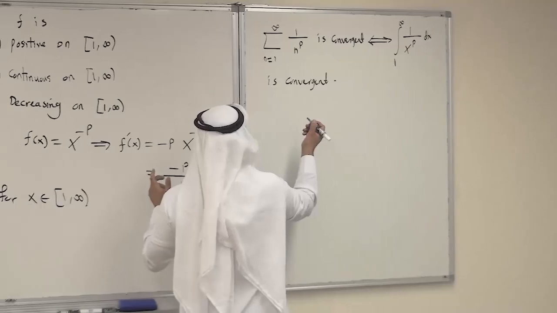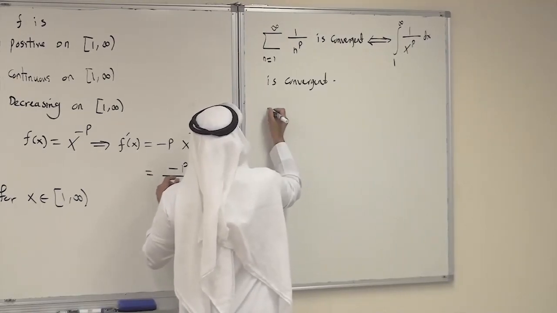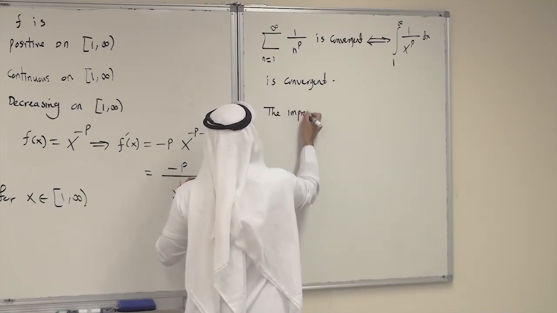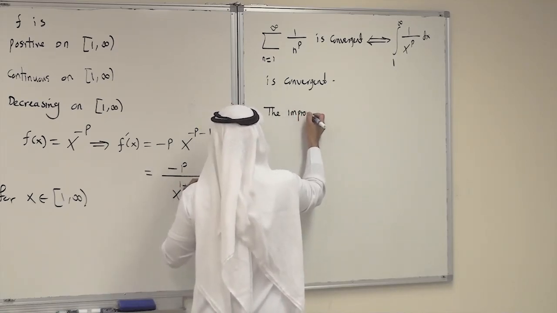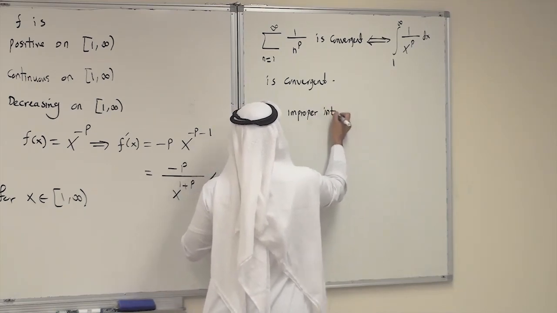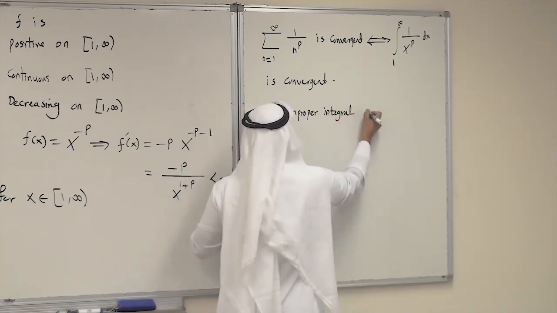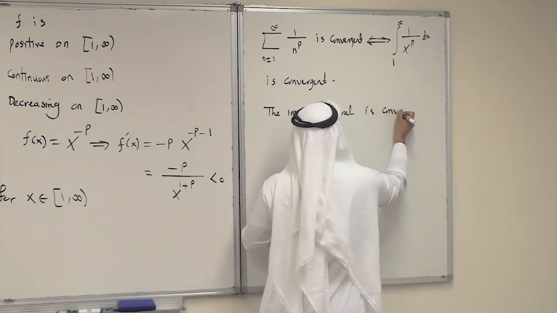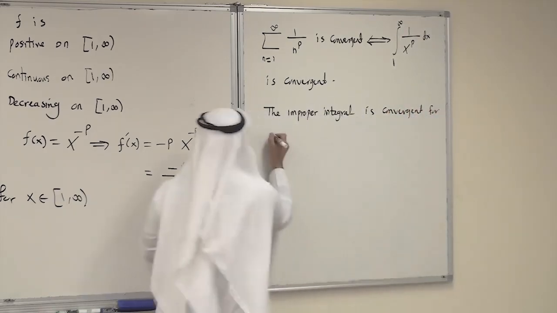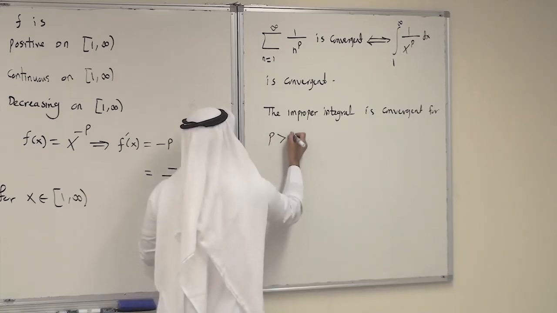So the conclusion: the improper integral is convergent for the choice of p strictly greater than 1.